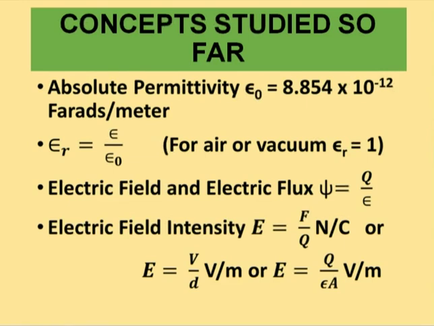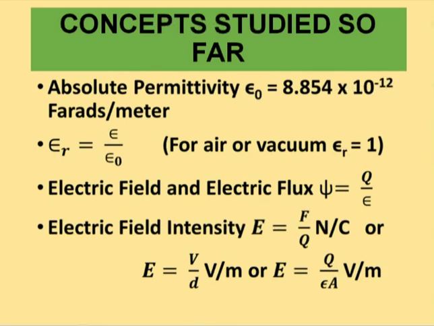The electric flux is denoted by the Greek symbol psi, and it is given as the ratio of charge divided by permittivity of the medium. The electric field intensity or the electric field strength is defined in many ways. The first definition says the force per unit charge is known as the electric field intensity. The second definition has to do with the potential gradient.